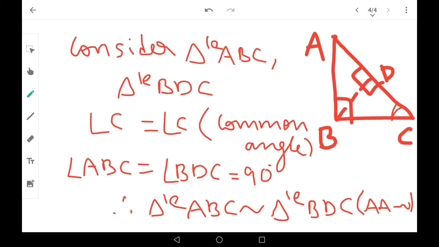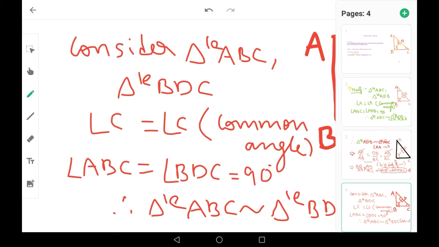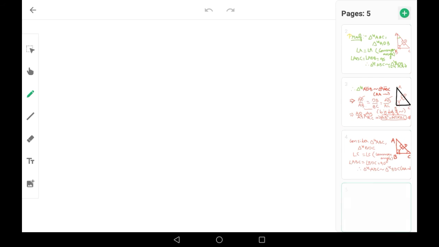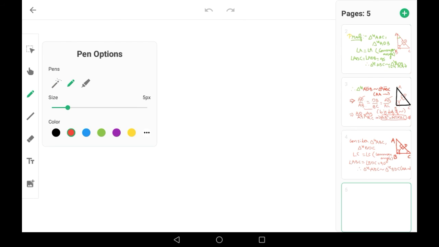Then, by the definition of similarity, what can I write? Triangle ABC is similar to triangle BDC.